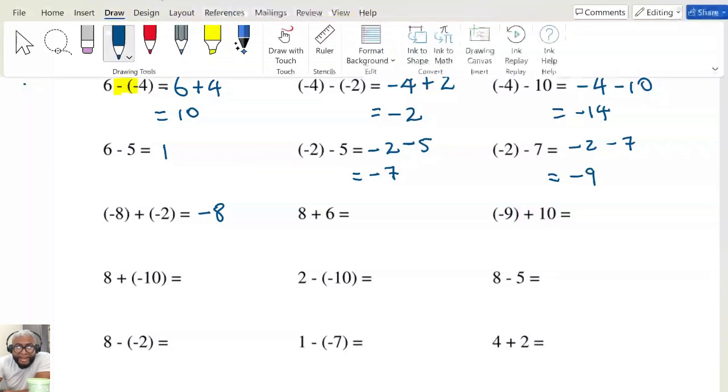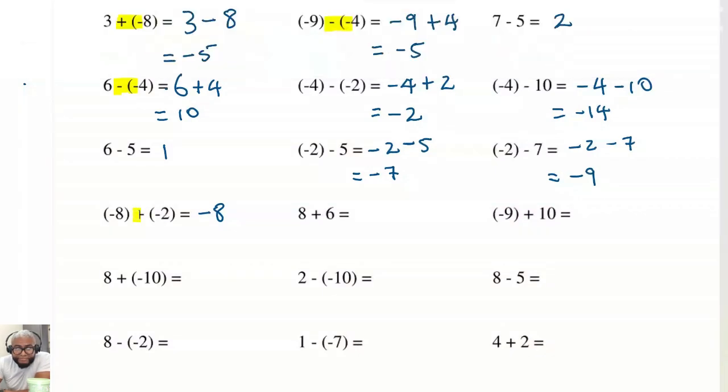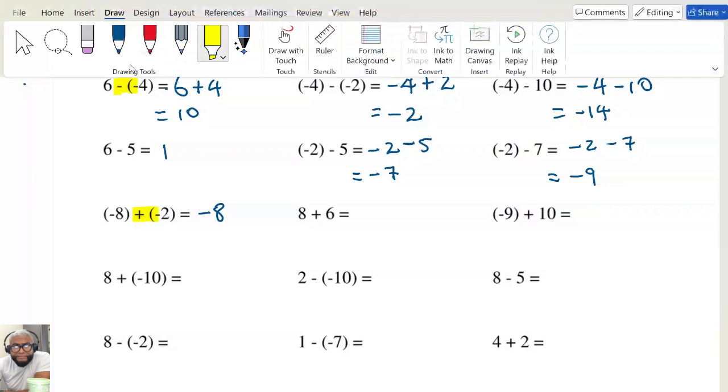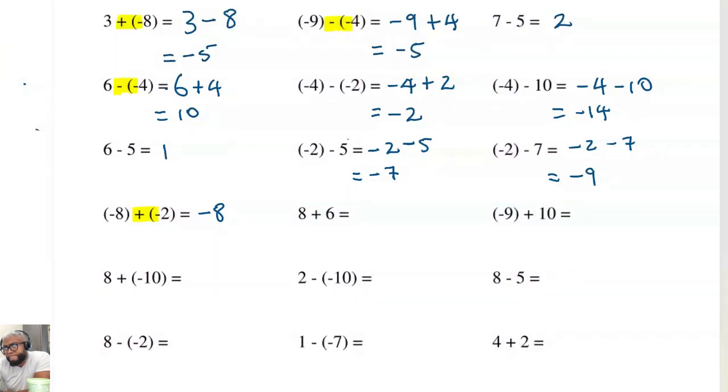Highlighting it here again. You see these two signs, they need to become one. So a plus and a minus will give me a what? Minus, sir. So you're not telling me nothing about no smaller number yet. You're getting rid of the signs that are back to back first. Right, Makai? So this will be -2. Now what are we doing?